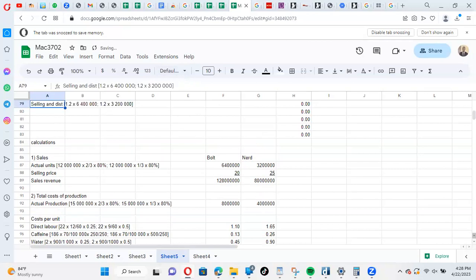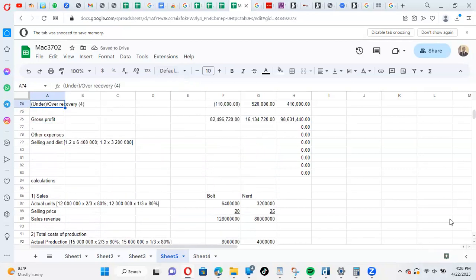Yes. Right, perfect. So let's put it down here. This is going to be 1.2 times 6,400,123. And then we do the same there: 1.2 times 3,200,123. Right, we have that there.